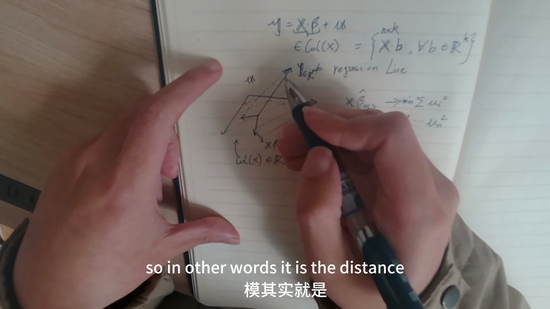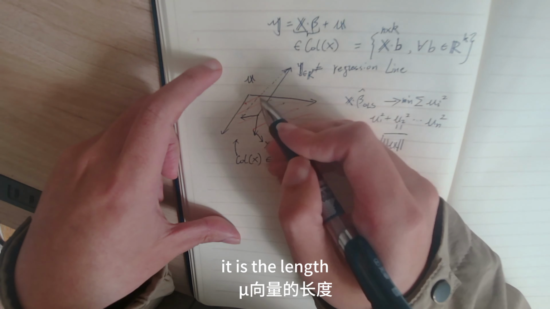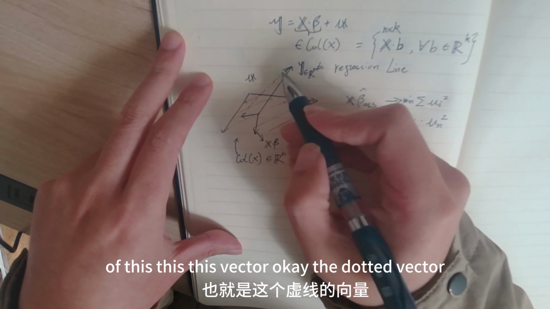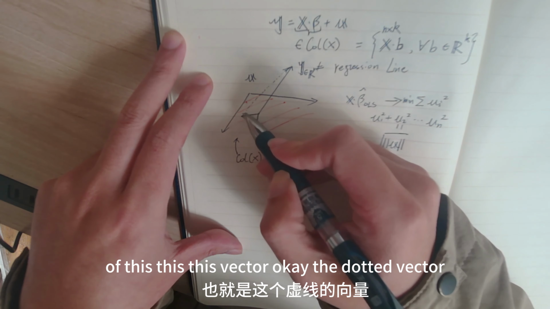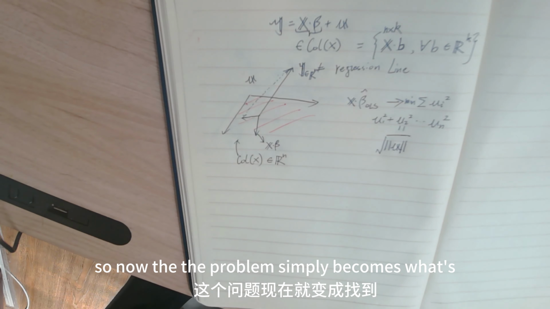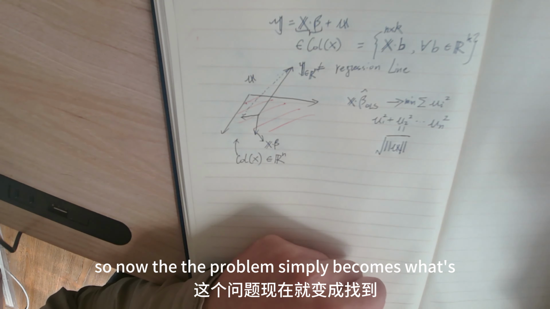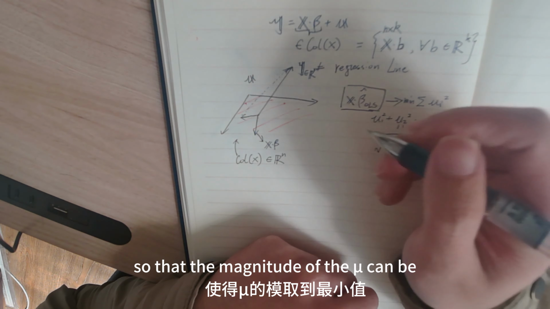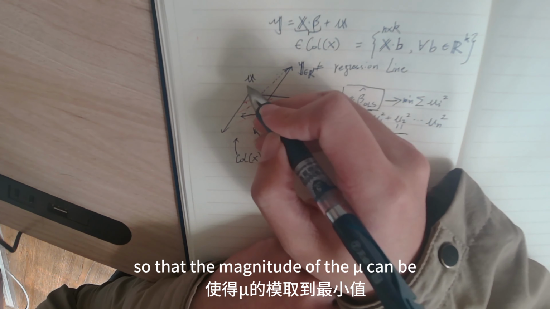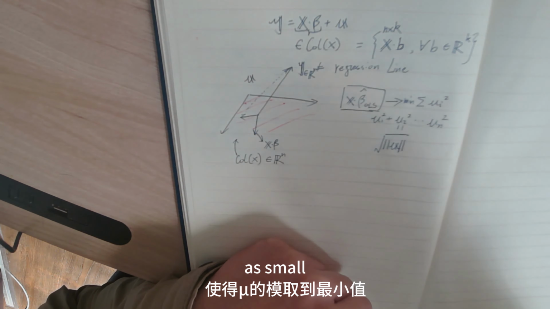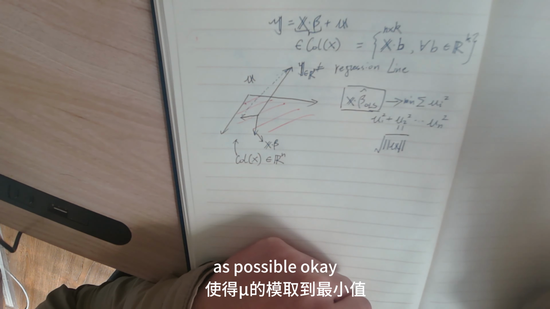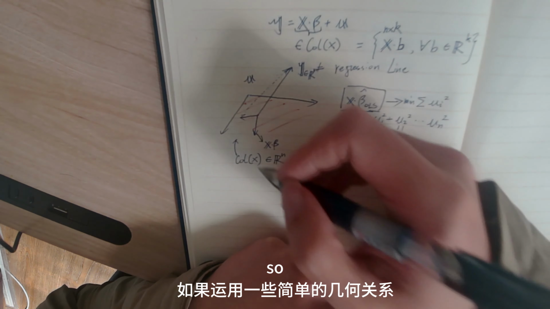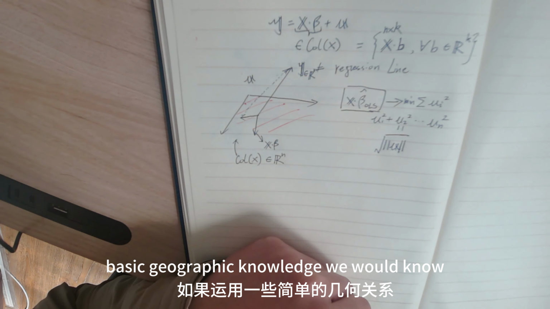So in other words, it is a distance, the length of this dotted vector. So the problem simply becomes finding the vector so that the magnitude of mu is as small as possible.